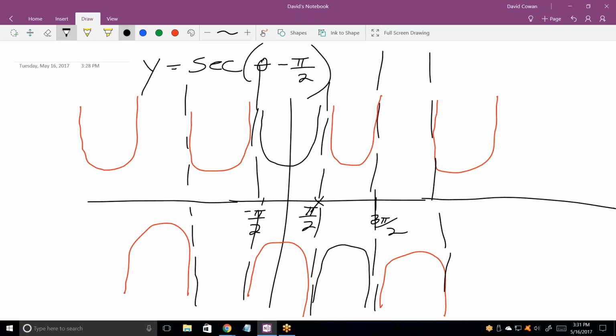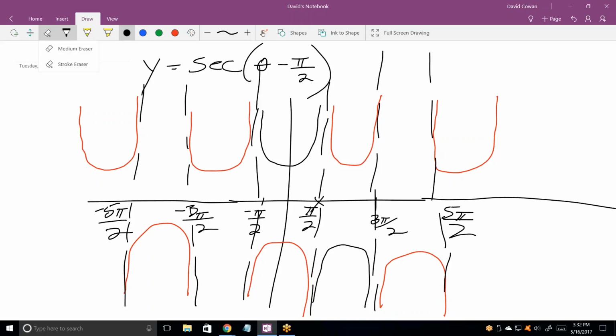For the right side, it would be 5 pi over 2, and then 7 pi over 2. Well, we're already beyond 2 pi, so we don't need to go to the right of that. So go left, that's minus 3 pi over 2, and that's minus 5 pi over 2.